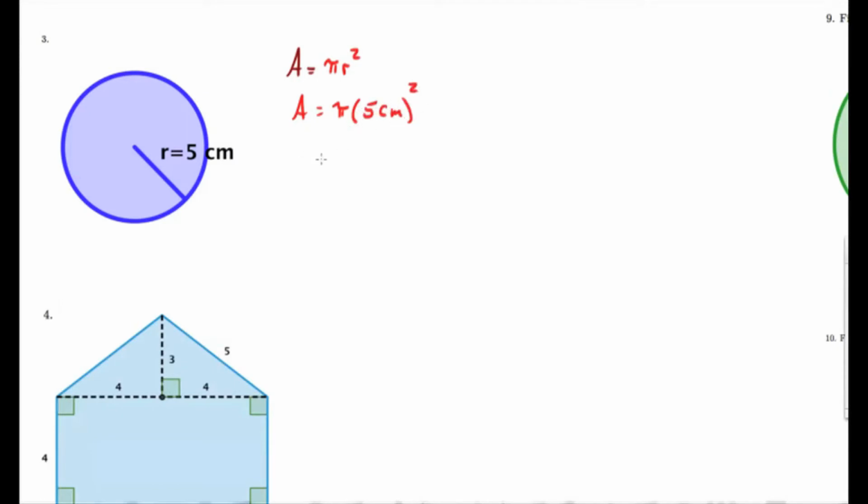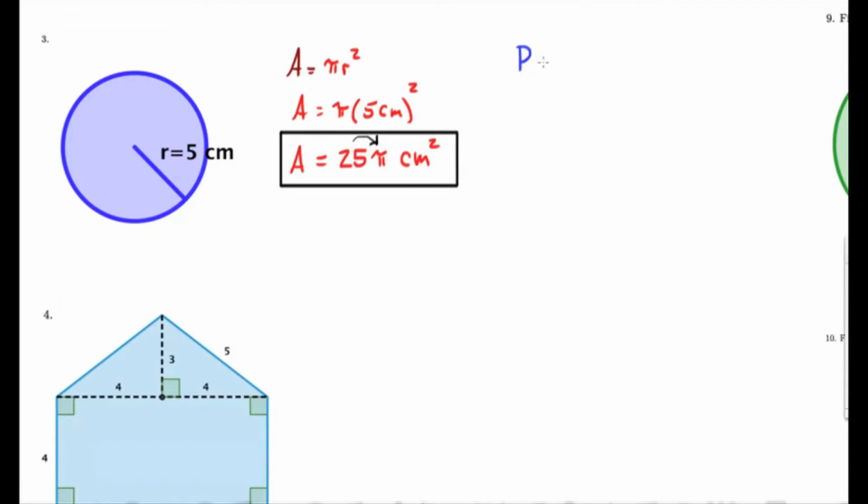So 5 squared would be 25 pi, and centimeters squared. This is our answer if we leave it in terms of pi. If I multiply 25 times pi, pi is approximately 3.14, I would get an approximation of the area. But I can leave it like this. This is fine for right now.